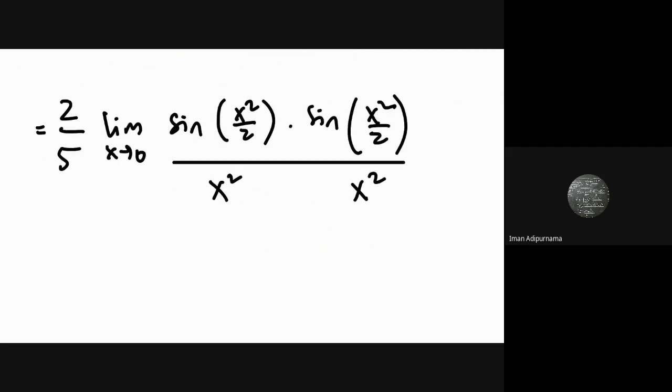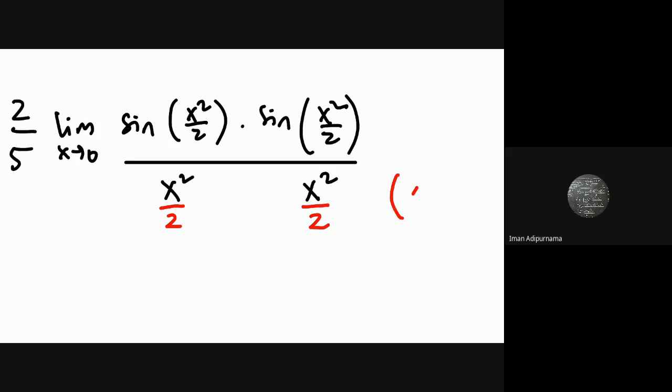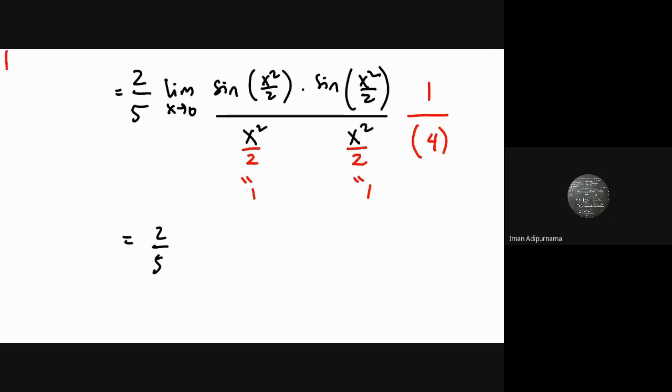Looking at this x squared and this x squared, we need to divide this by a half, but we need to multiply by 4. Okay, I think that is correct. So this will be perfectly 1 and 1, right? So we have 2 over 5 multiplied by 1 over 4, which is 1 over 10.